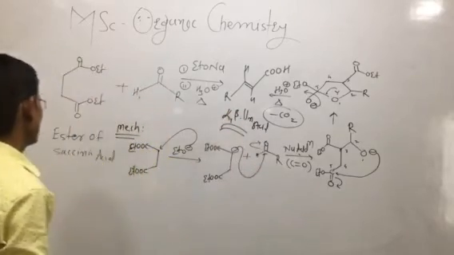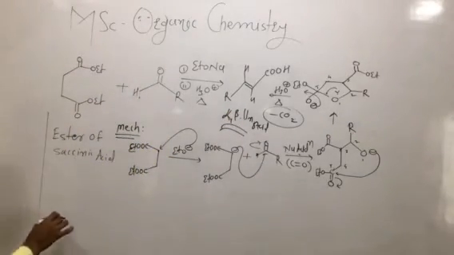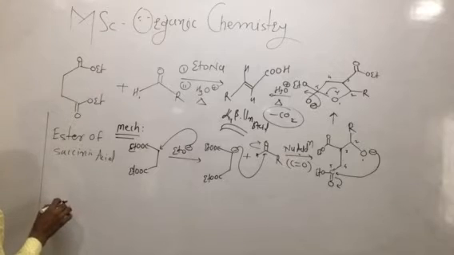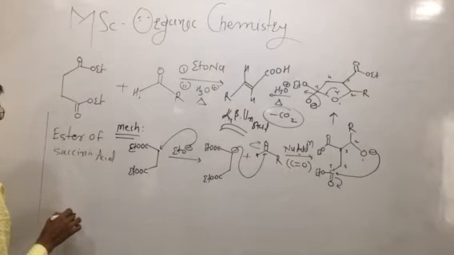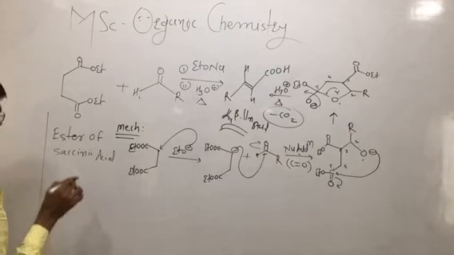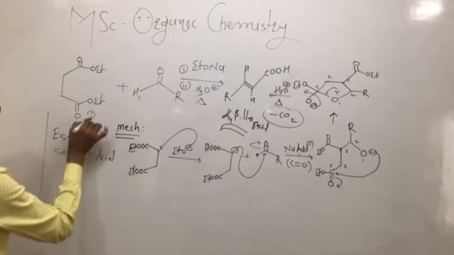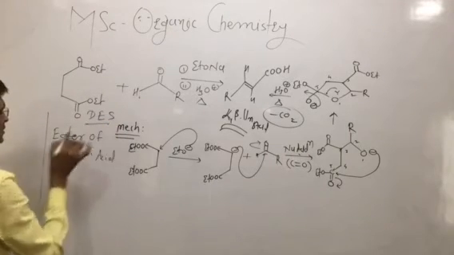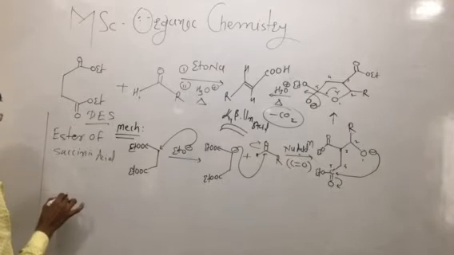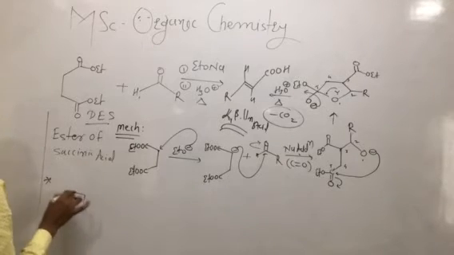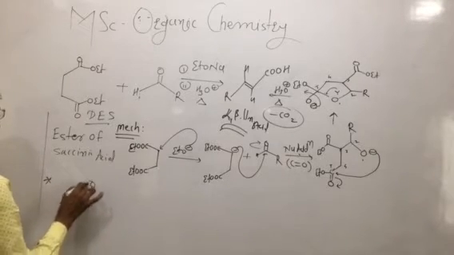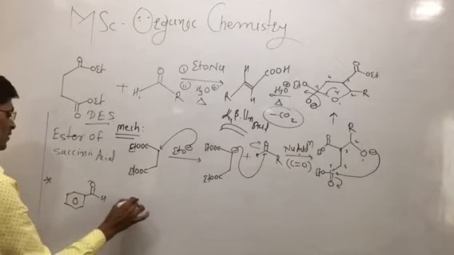Suppose if we are having diethyl succinate, DES. This DES is the starting reactant molecule. In the next reaction, if we take benzaldehyde, if it is reacted with what?